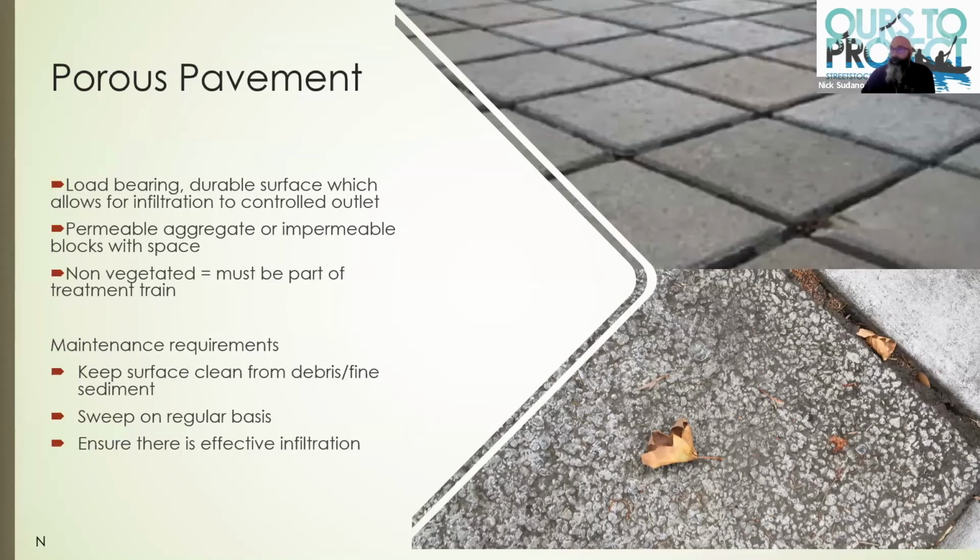But I want you to be aware of that as you install it, because you're also going to be required to not only install it correctly, but also for owners and landscapers to maintain it. Really what we're trying to do is make sure that this is clean from debris and fine sediment. It's swept up or even vacuumed up on a regular basis. We don't want to see you pressure washing these. It tends to force dirt into the porous spaces and clogs it. We need to make sure that there's effective infiltration.